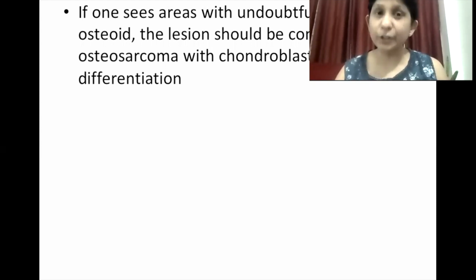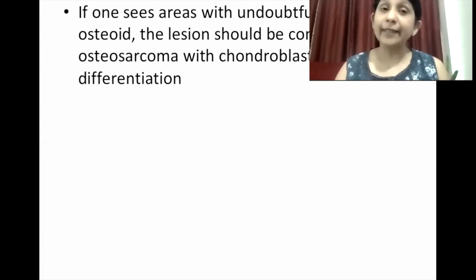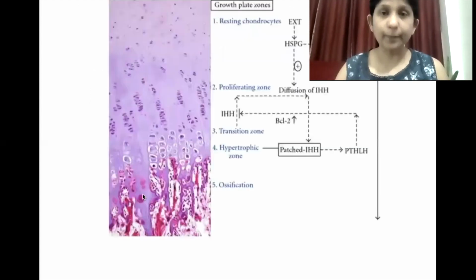So if I find neoplastic osteoid, I have to characterize it as an osteosarcoma. To subdivide that type of osteosarcoma, I would give my diagnosis as osteosarcoma with chondroblastic differentiation. So importance has to be given to the neoplastic osteoid if seen in a chondrosarcoma. That's a very important point.